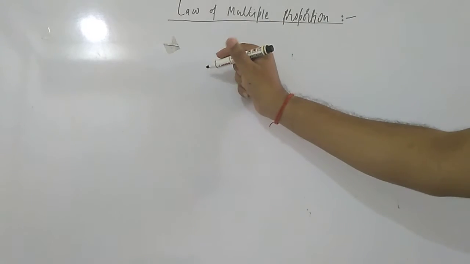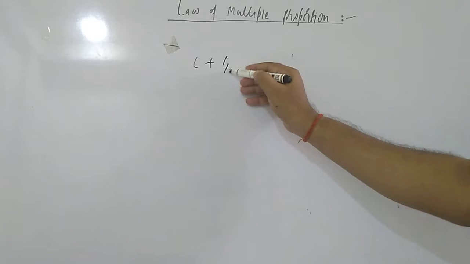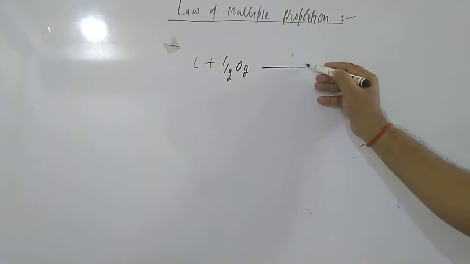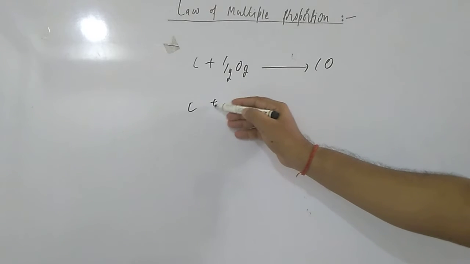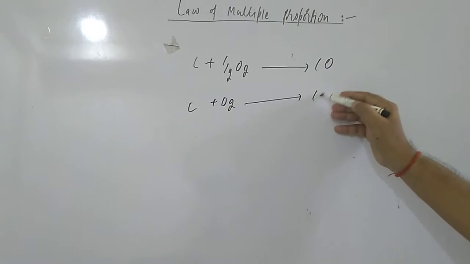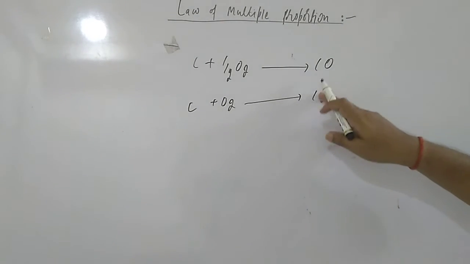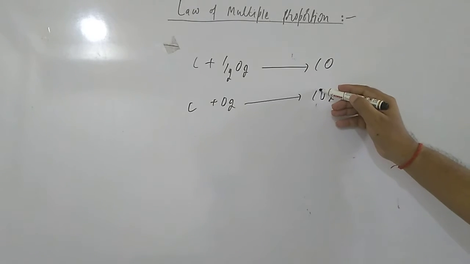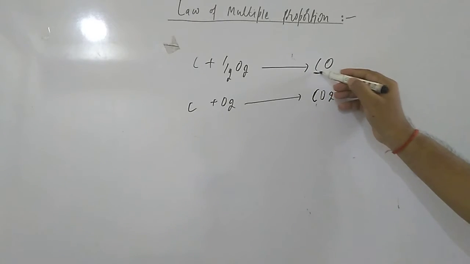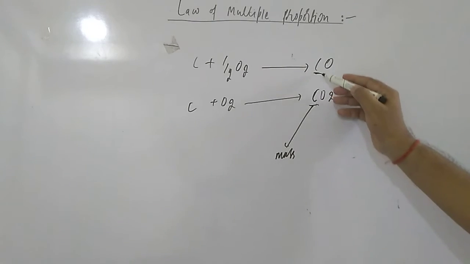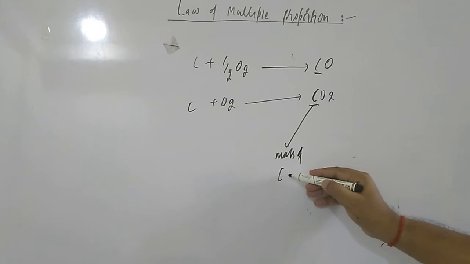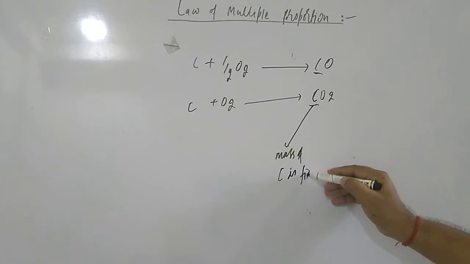One more example I am taking. Let us take carbon reacting with half mole of oxygen. It is giving carbon monoxide, one compound. Again you take carbon, and it is reacting with oxygen. It is giving carbon dioxide. Now in these compounds you see that the mass of carbon is fixed in both cases, and how much is it?